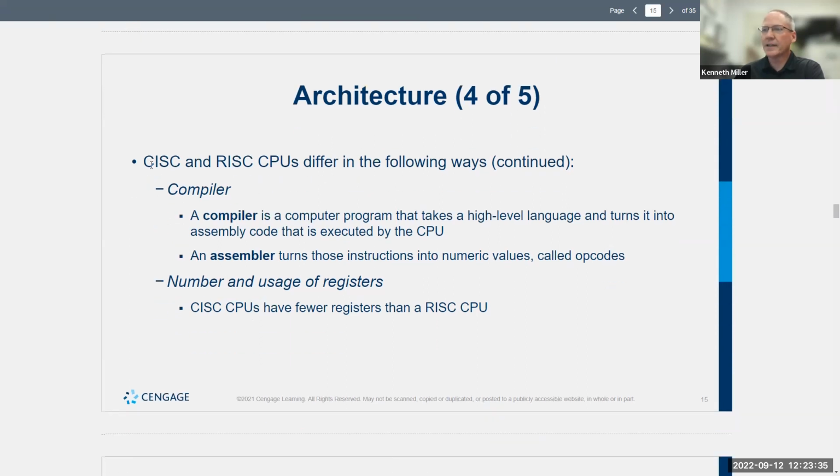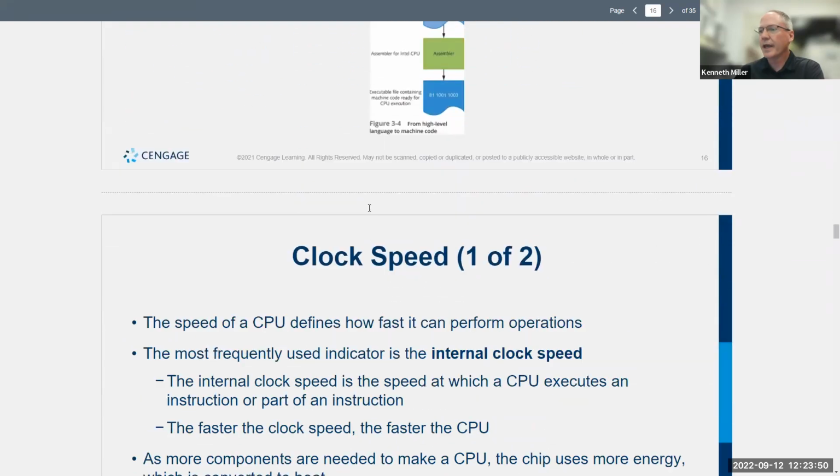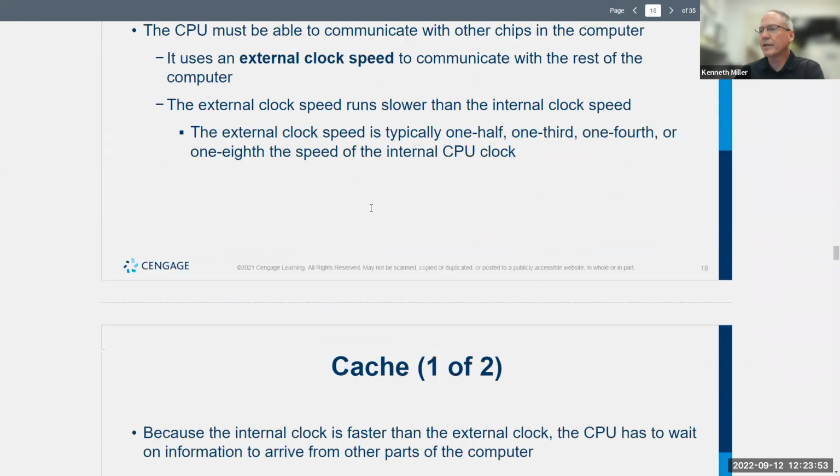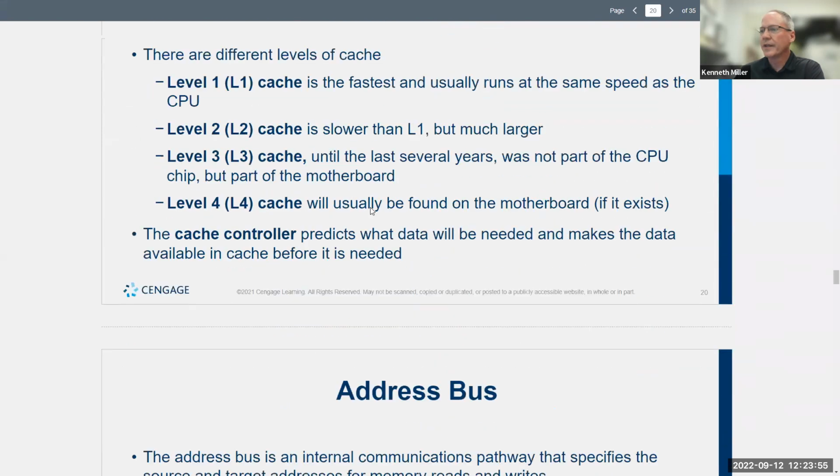And this goes back many, many years with the early CPUs, with the CISC and the RISC, where CISC is a complex instruction set computer, and then RISC is a reduced instruction set computer. And you can look at that information.